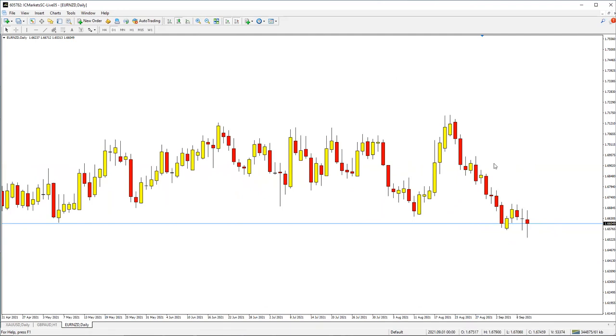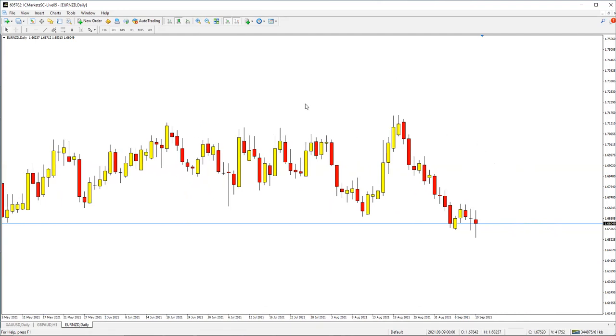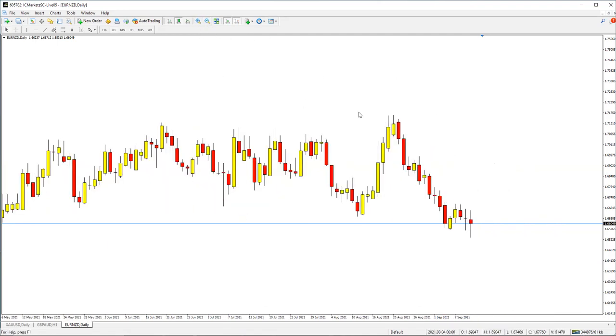If we look at euro and NZD, okay, here, this one. You want to know how to mark the zone first.